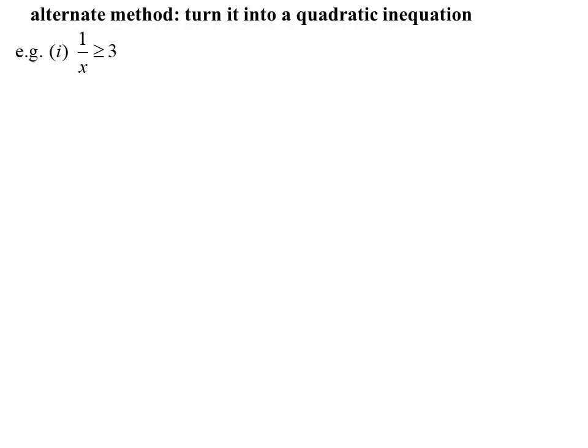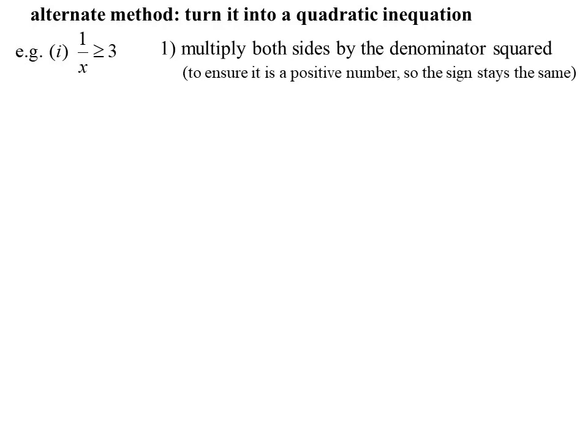1 on x is greater than or equal to 3. So what they do is multiply by the denominator squared. Why the denominator squared? Because if you just multiply by the denominator, it's not going to work, because you don't know whether that denominator is positive or negative, and if it's negative, the sign's going to change. You have to multiply by a positive number to ensure that the sign does not change.